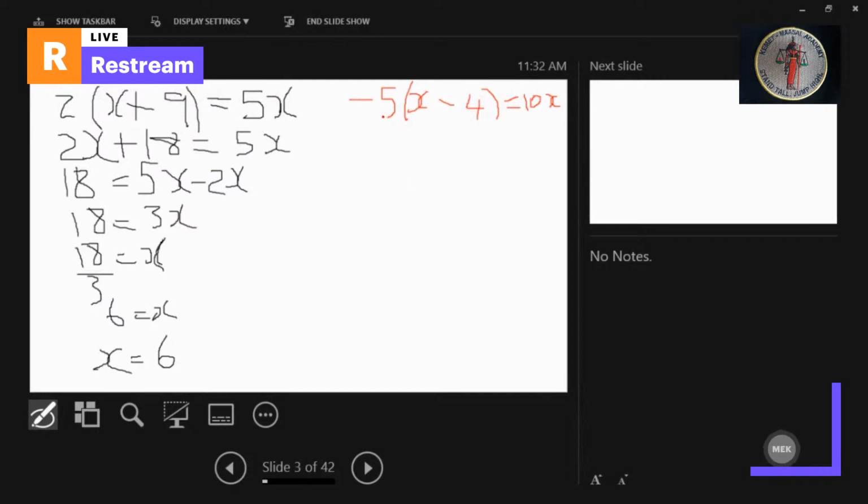And the distributive law says whatever is immediately in front of the bracket, we are to use that term to multiply each term inside the bracket. So it will be negative 5 times x, which is negative 5x. Negative 5 times negative 4, now that gives a positive 20. Remember, negative times negative is positive. And then we have our 10x.